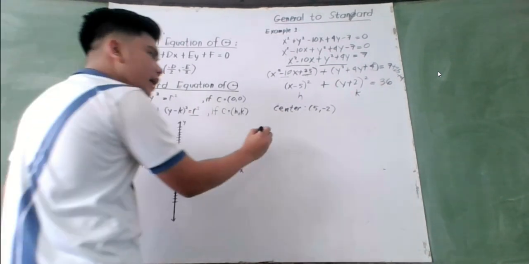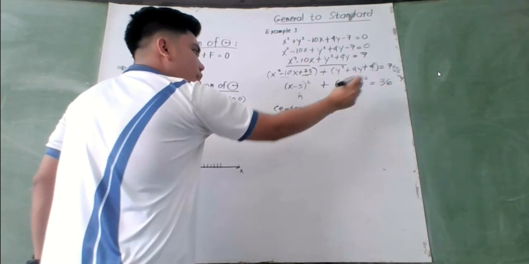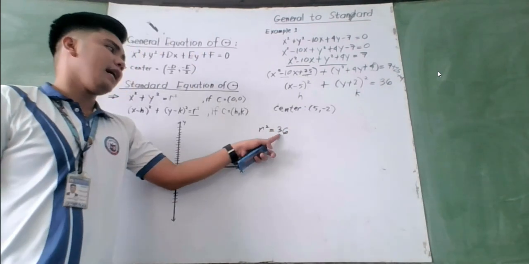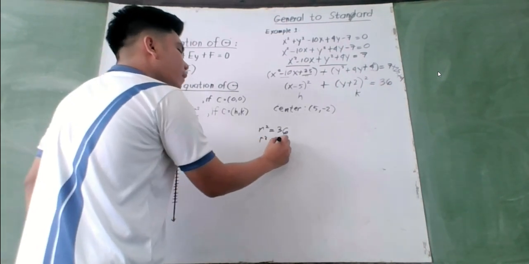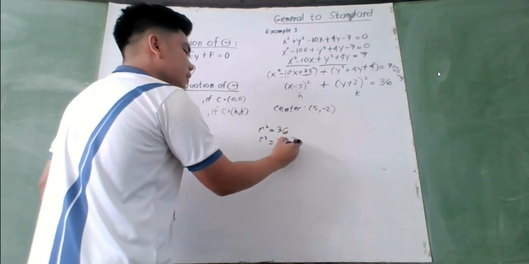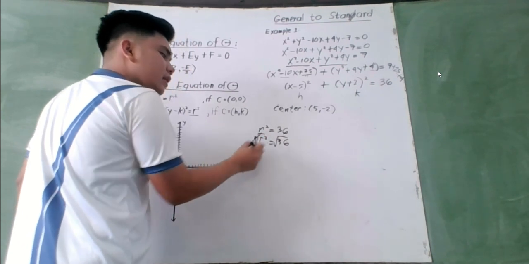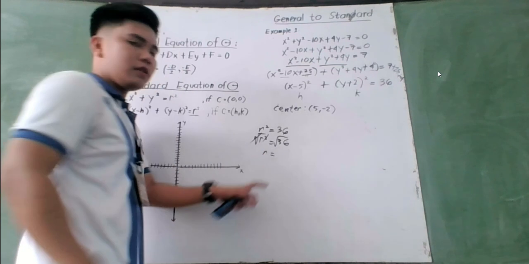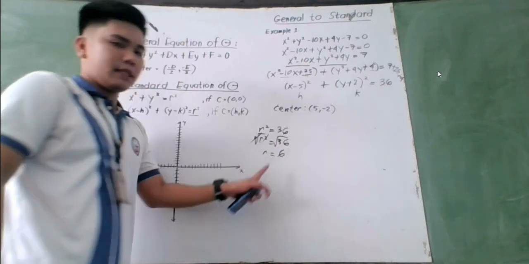So r squared is equal to 36. So find r. How to find r? Simply square root 36. Square root, cancel out, leaving you with r is equal to square root of 36, that is 6.